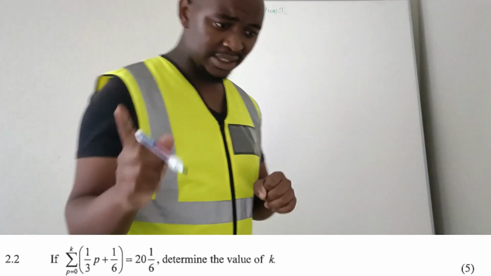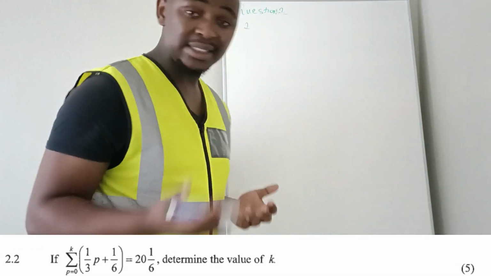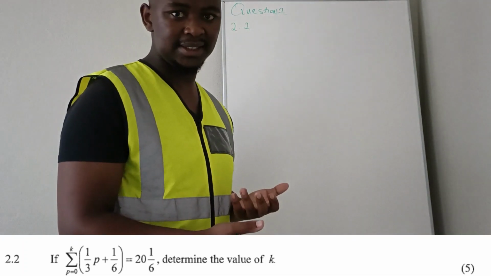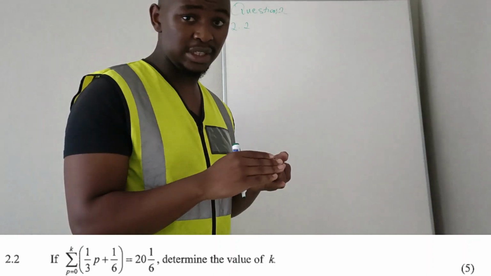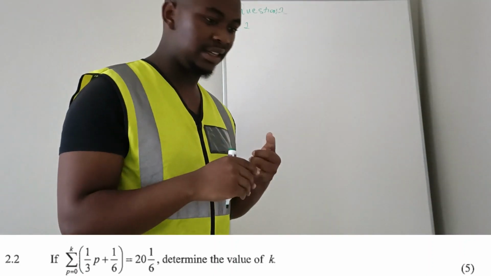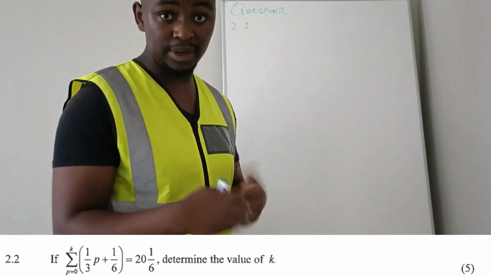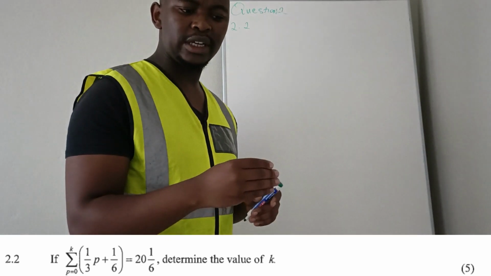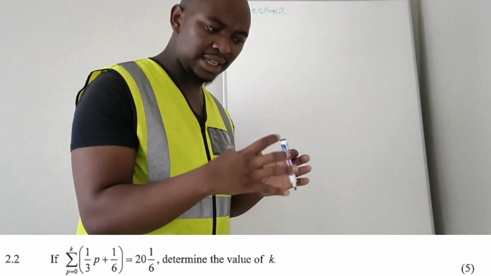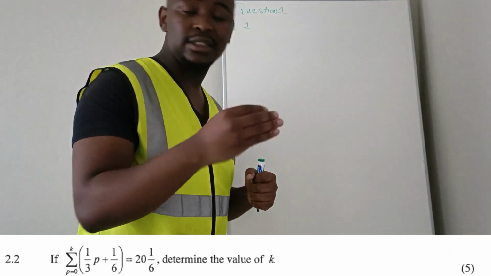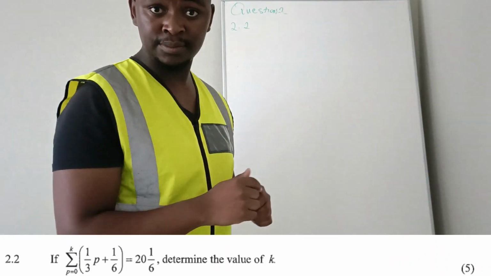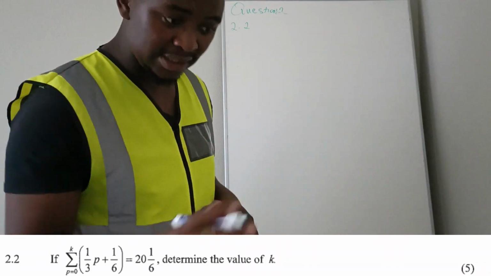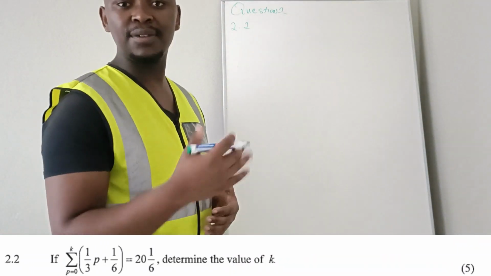So the best approach is to try and find that pattern. If you can categorize it, whether it's a geometric or an arithmetic sequence, or whatever, then we can say how to sum all of these, and that will help us find the value k. So let's try maybe the first 4 terms.